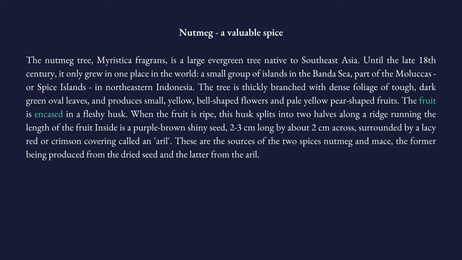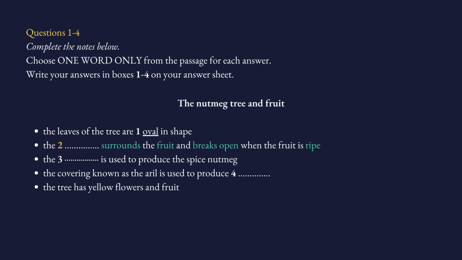And we have talked about this in our primary videos, that when we are looking for the keywords in the passage, it's not just those words that we are looking for, we are also looking for their synonyms. So instead of surrounded, we go with encased. And another keyword comes from here, ripe. When the fruit is ripe, so the answer is fleshy husk, but because we only have one word to write, we're going to have to go with husk alone, because fleshy is just an adjective. So number 2 here is husk.